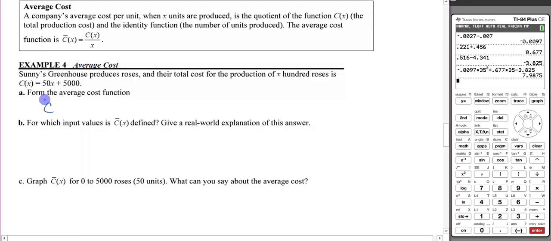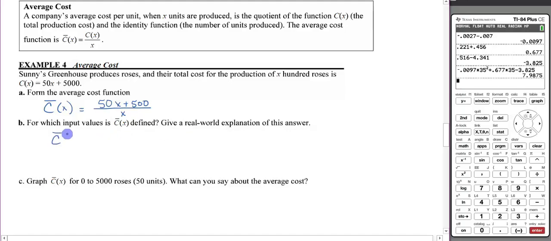Average cost, C bar of X, is going to be the total cost divided by the number of units. For which input values is C bar of X defined? And give a real-world explanation of this answer.